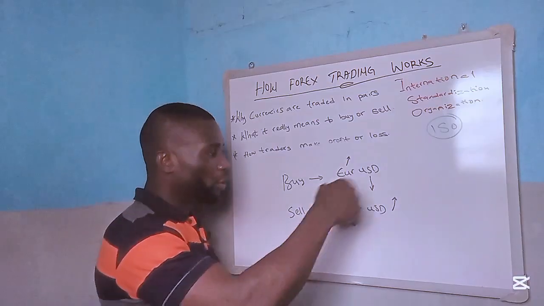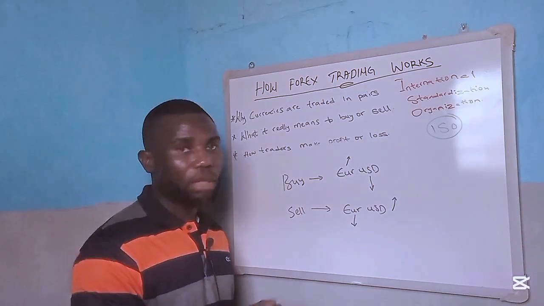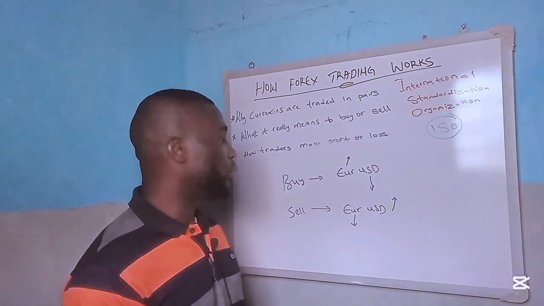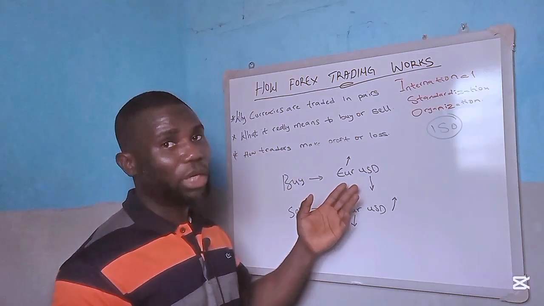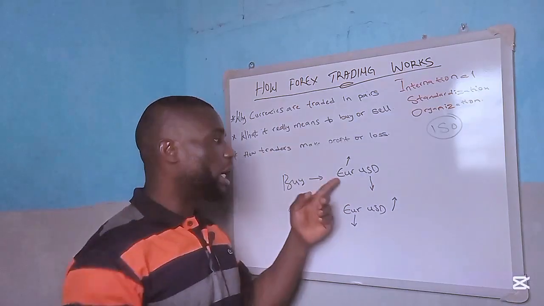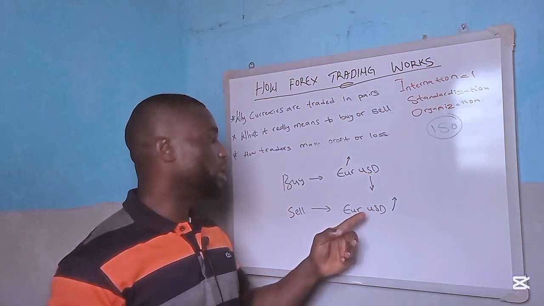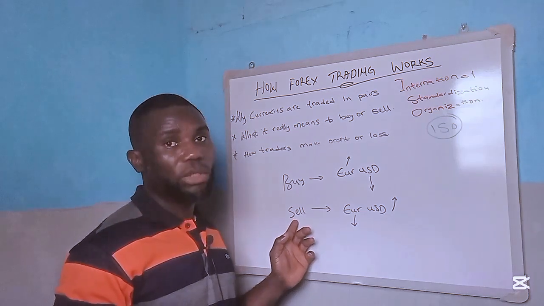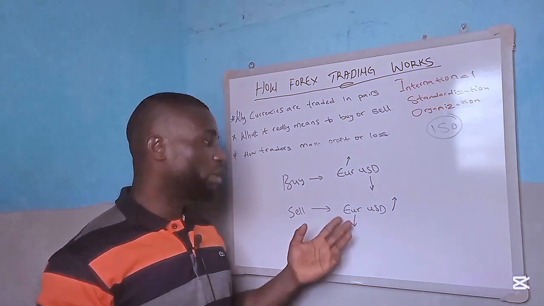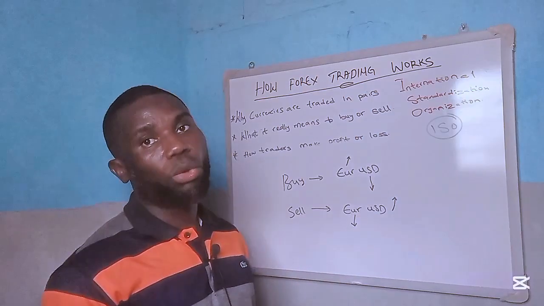So whichever pair you use, once you click buy or sell, you should be able to interchange and know what you are saying. Each time you buy this pair, you are saying this market should go up, and when it is going up, the second one is coming down. And when you sell this market, it means the Euro should be coming down, then the USD should be going up.